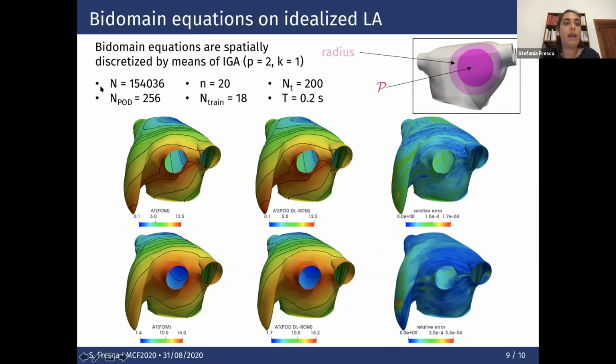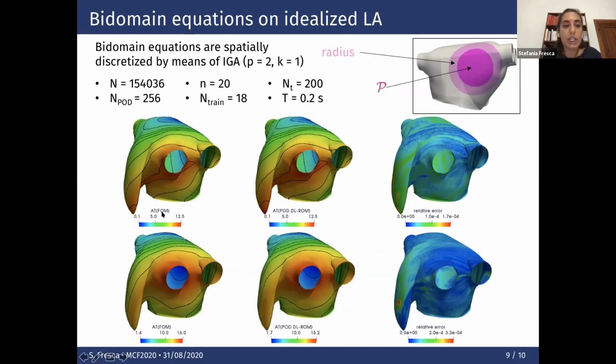We start from a FOM dimension almost equal to 150,000. We operate a first dimensionality reduction through the randomized SVD, and N_POD is set equal to 256, and then we end up with a reduced dimension equal to 20.